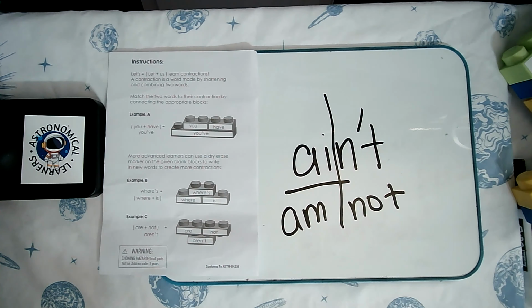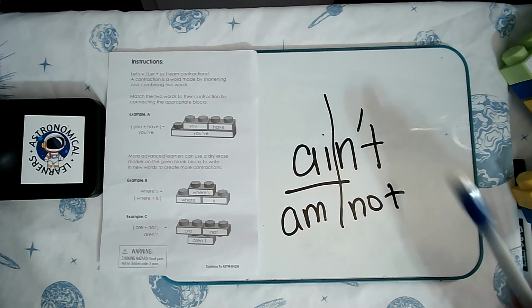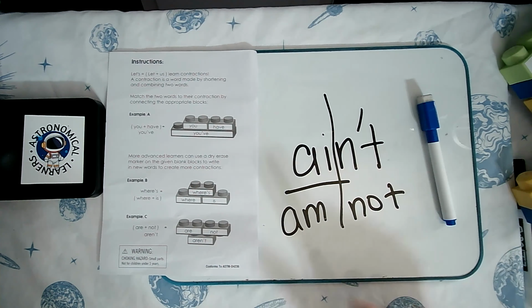Now, is this grammatically correct? No. This is a Southern phrase, and you're going to hear it in your life no matter where you are, I promise you. Ain't. And what it means? I am not going to do that. So I want to end it on a funny note. So when you think of ain't, I want you to think of am not.